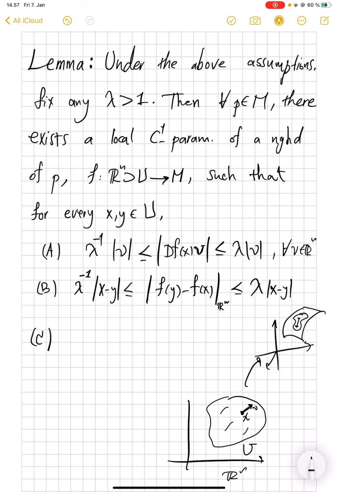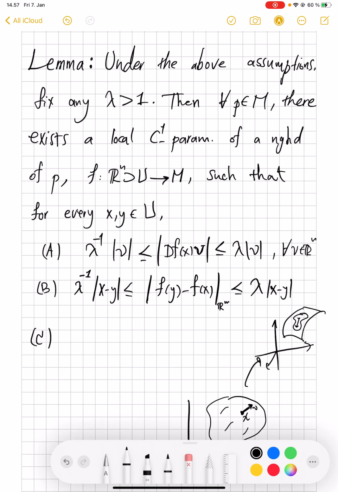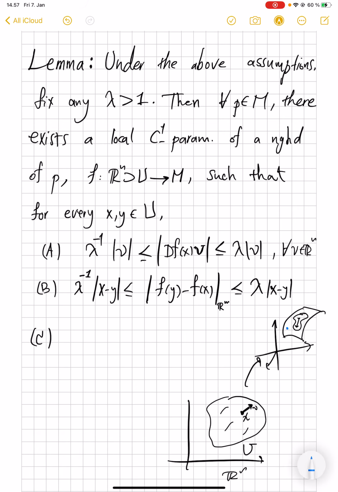And part C is saying that f is almost an isometry with the metric that comes from the Euclidean Rm. Here is some point, here is another. The distance between these two is just regarding them as points living in Rm and forgetting about the manifold.